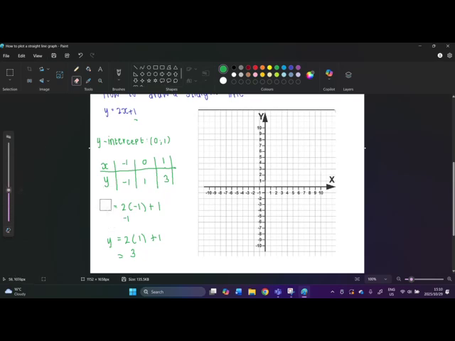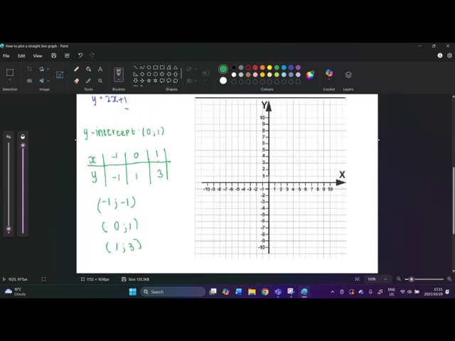Okay, so let me erase this. We have the points -1, -1; 0, 1; and 1, 3. Let us put those in here. So we have the point -1, -1 over there.